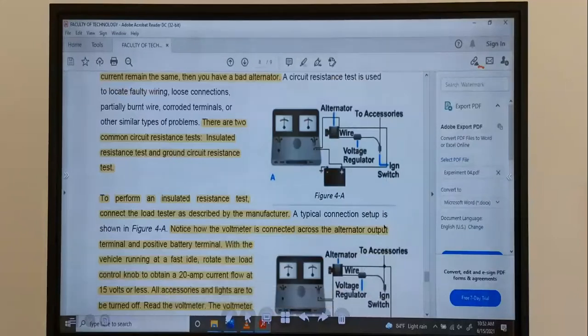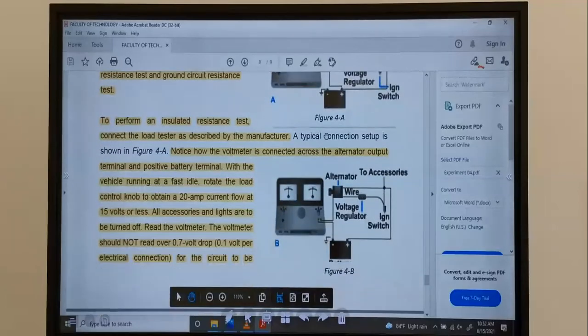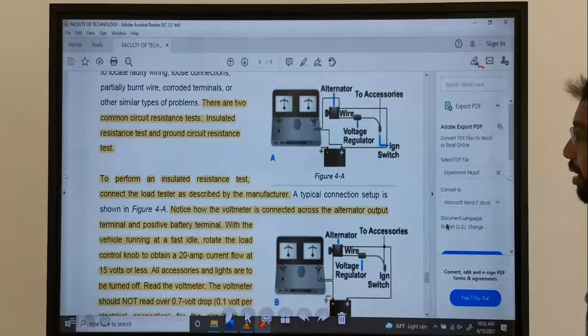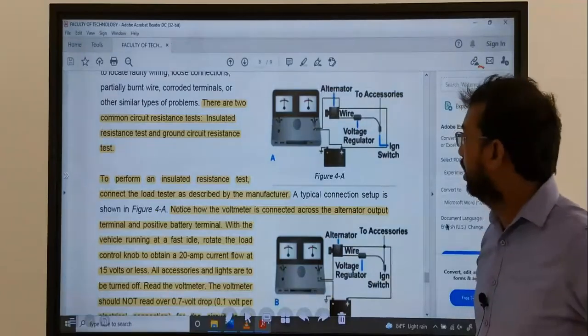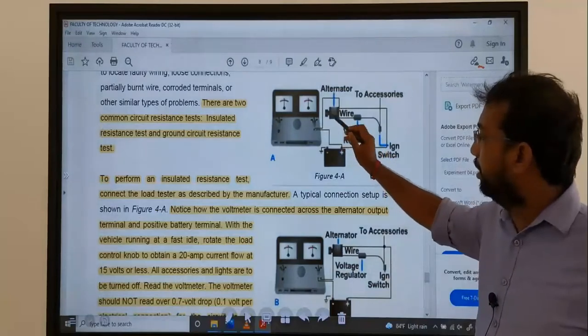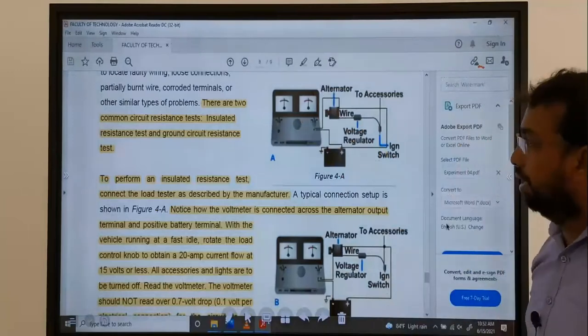The resistance tests are also there. We check the resistance of the line: the insulator resistance test and the ground circuit resistance test. You know how to connect this for the insulator resistance test. The battery plus point connects with the plus point of this multimeter, where one reading is voltage and the other is ampere.